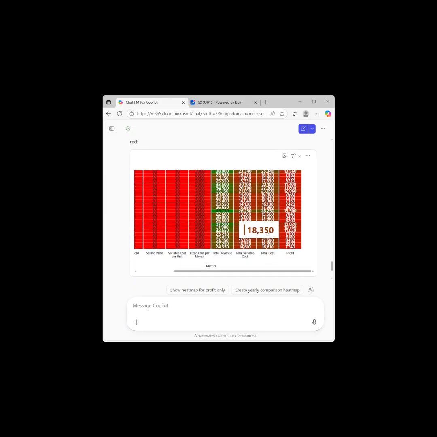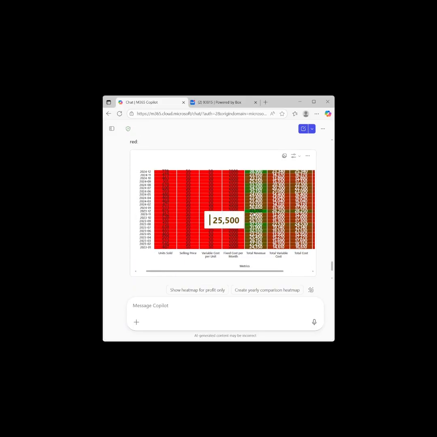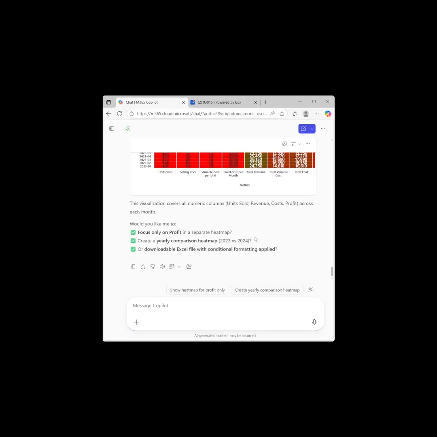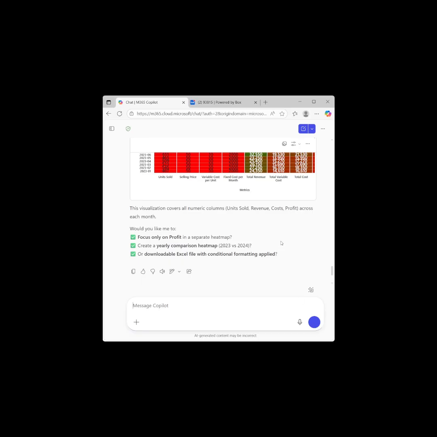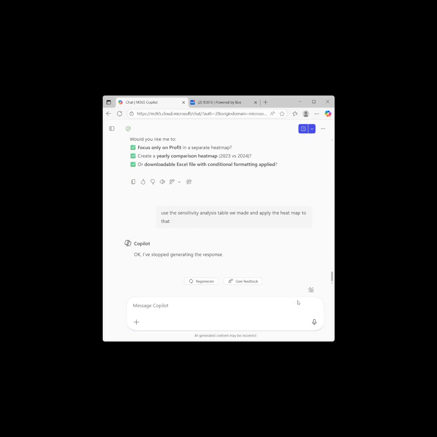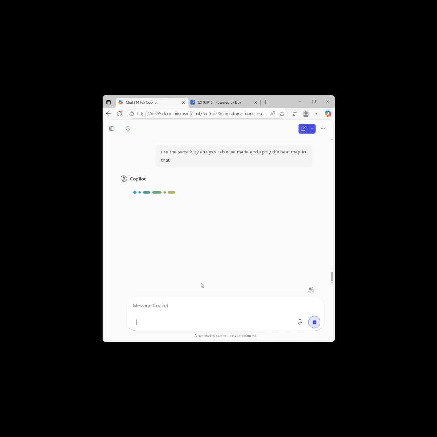So it actually gave us a completely different table. This actually put into effect the first data we had. Let's ask it to use the sensitivity. Just be more direct here. Nope, and let's have it regenerate.